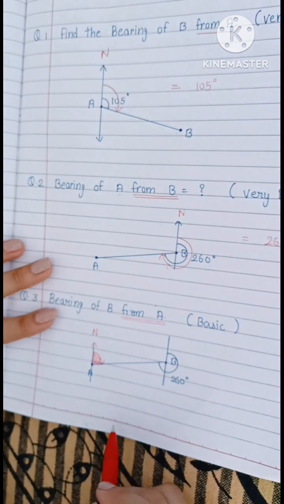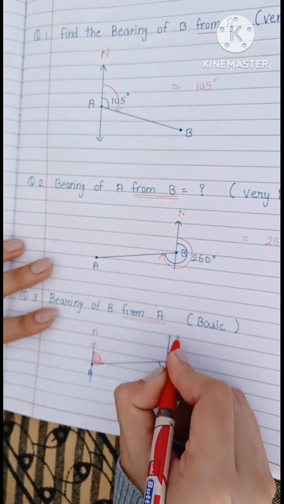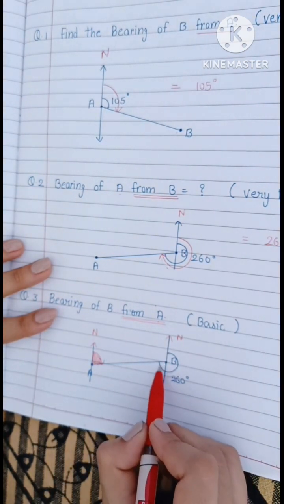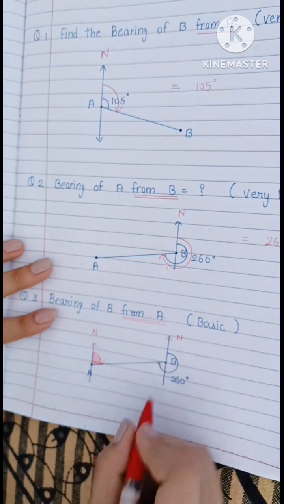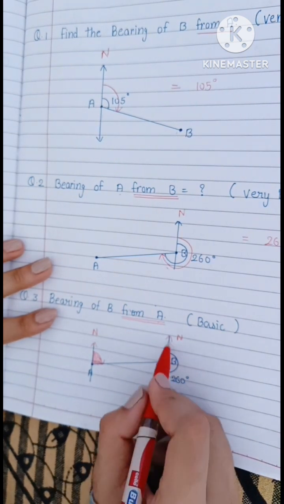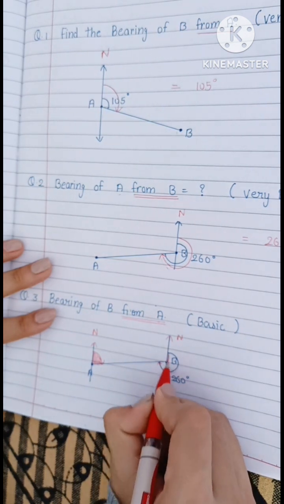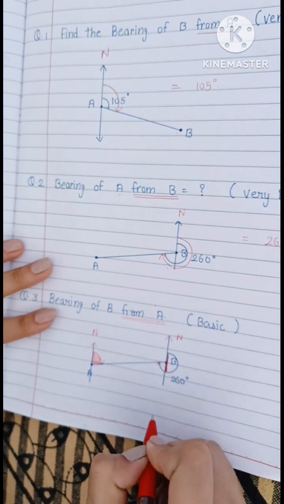Now what information has been given? This angle has been given. This is also a vertical north-south line. So if this complete angle till here is 260, and as we know it's a straight line, the angle up till here should be 180, right?